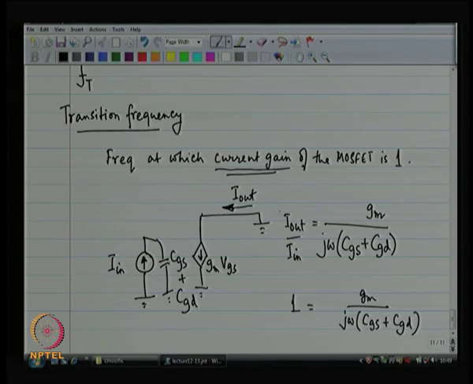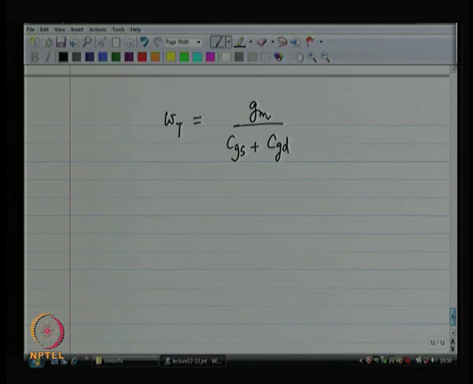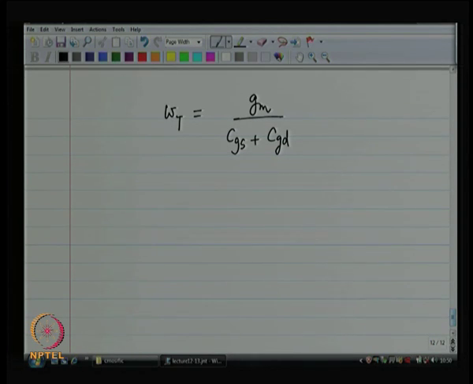So, clearly there has got to be a magnitude over here, okay, which means that this is going to be the frequency in radians per second at which the current gain is 1.